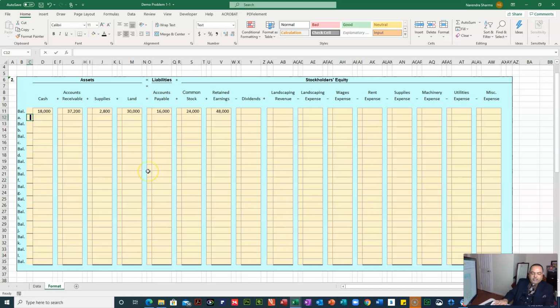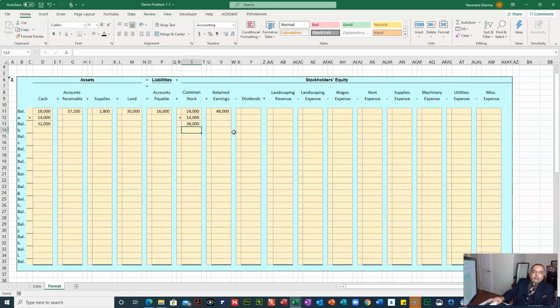So here we'll write plus 14,000, and the common stock also will be plus 14,000. Since the owner has contributed that money, we'll be putting it in cash, and in the stockholders' equity, that's the common stock.